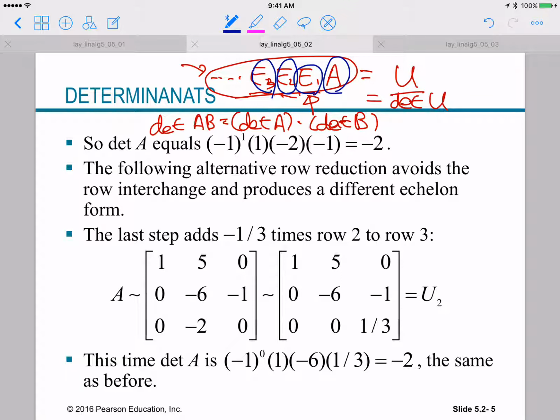Among the three different kinds of row operations, in the case of row replacement, what was the determinant of that elementary matrix? We multiply some row and then subtract it from some other row and replace that row with the new row. What was the determinant of it?